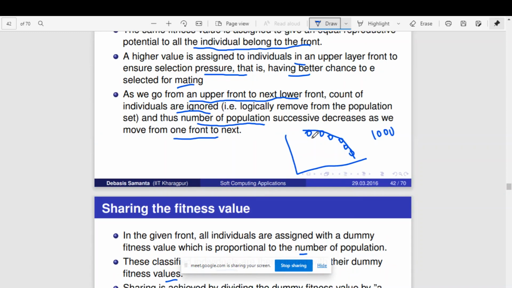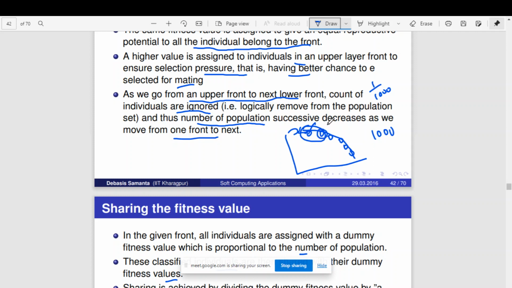For every individual you have to identify how many neighbors it has, based on some radius. For this individual, if there is only one neighbor, then you do 1 by 1000, and that will be its niche count.